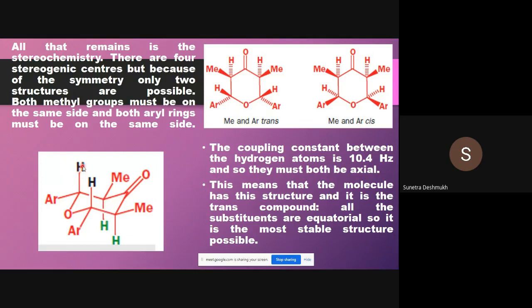Pay attention to the hydrogen atoms in black color and the hydrogen atoms in green color. These two hydrogens are vicinal to each other as well as opposite to each other.